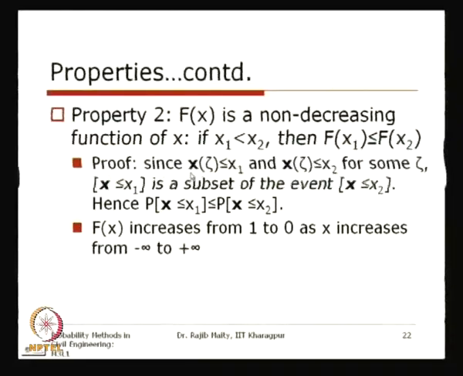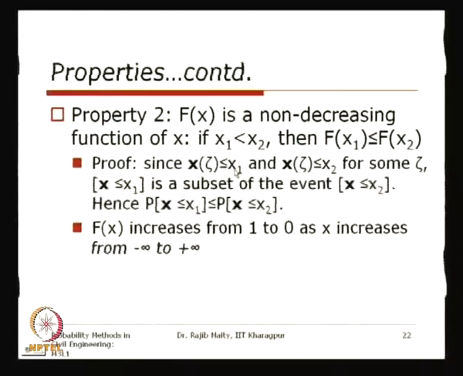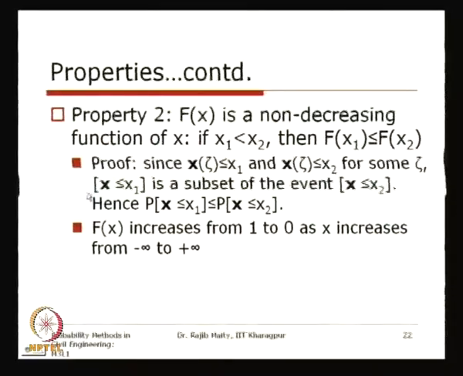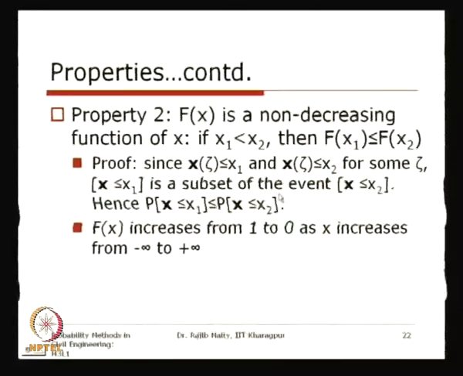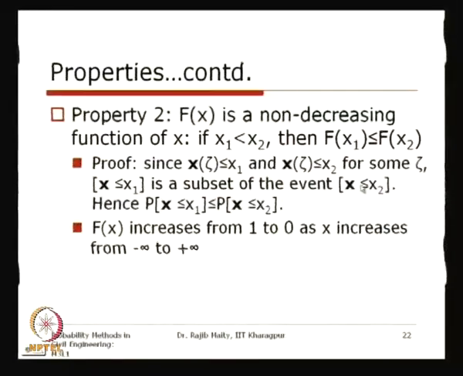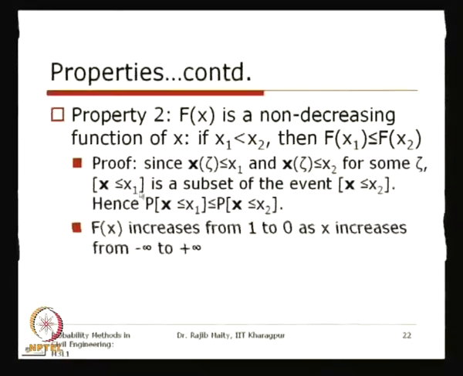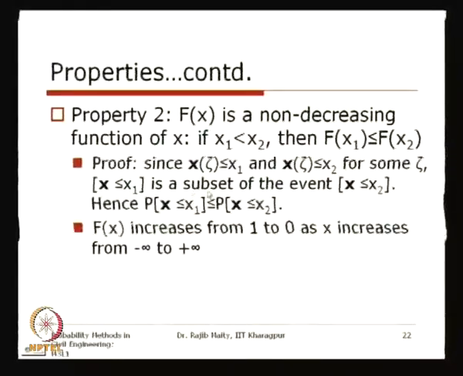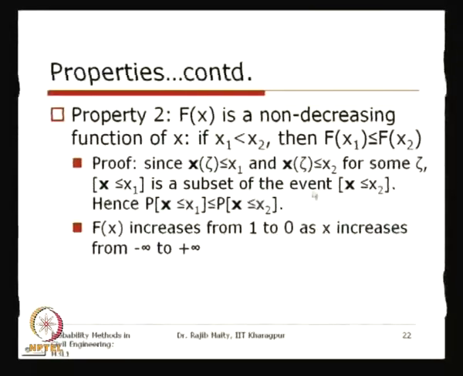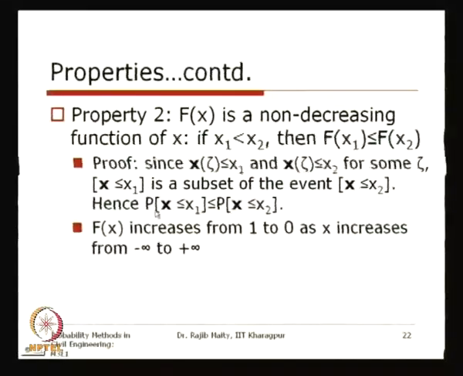Proof of this: if X of j is less than or equal to x1 and X of j is less than or equal to x2 for some outcome j, then the event X less than or equal to x1 is a subset of the event X less than or equal to x2. So, the event X less than or equal to x1 is always within X less than or equal to x2, if x1 is less than x2.